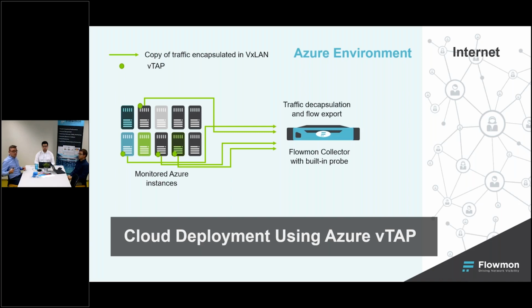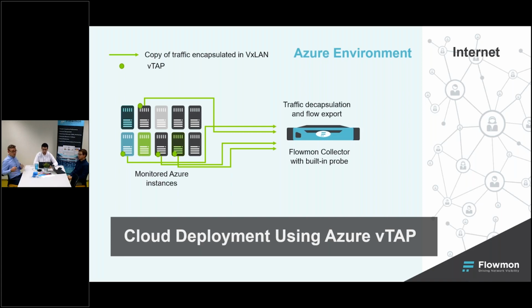That means you need to run the vTAP on each virtual machine, and of course you need to pay for them on a monthly basis, and then you can get the copy of the raw traffic. The collector and the built-in probe in the collector receive the raw traffic, create the IPFIX records, and store them on the collector long term, so you can use them for analytics.